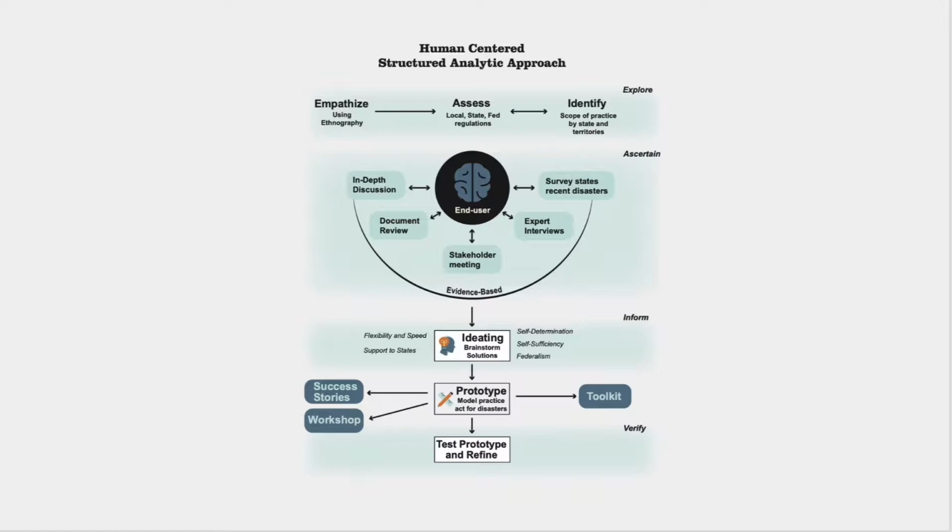And of course, there are others. We would then come up with prototypes and have success stories, workshops, and toolkits to verify what we'd find. And then we would test and refine these and start all over again if necessary.